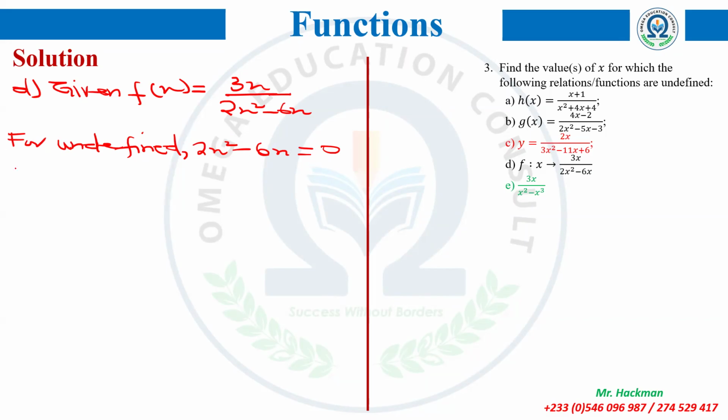So if you want to factorize, here there is no constant term. Usually, if there's a constant term, you multiply this by this, but here you look for a factor common to all the terms, be it numerical or variable. Anytime you are factorizing, the first question you ask yourself: do I have a common numerical factor that I can bring out, a common variable factor that I can bring out?